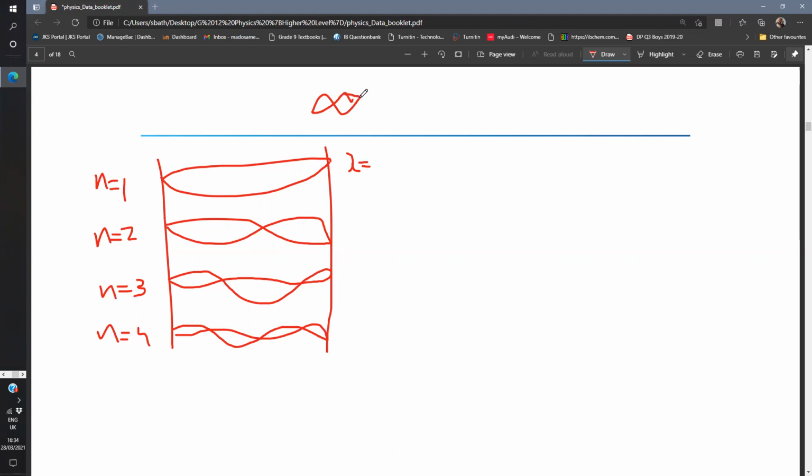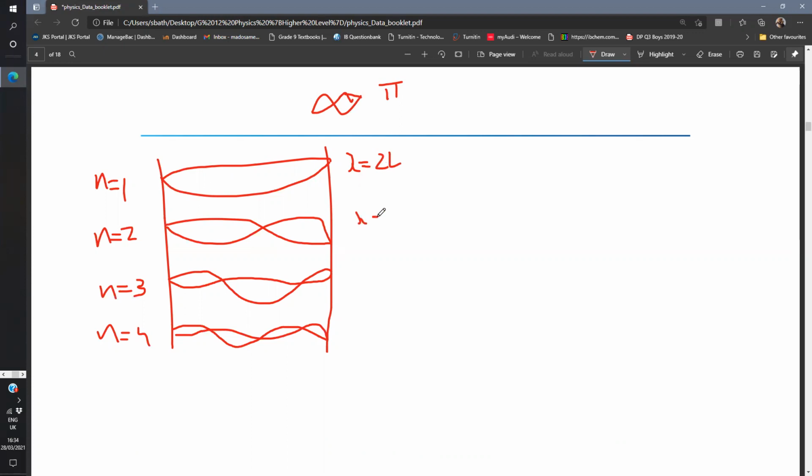And standing waves basically, it's when they have a path difference of pi, and so they interfere like that. So this is equal to 2L.